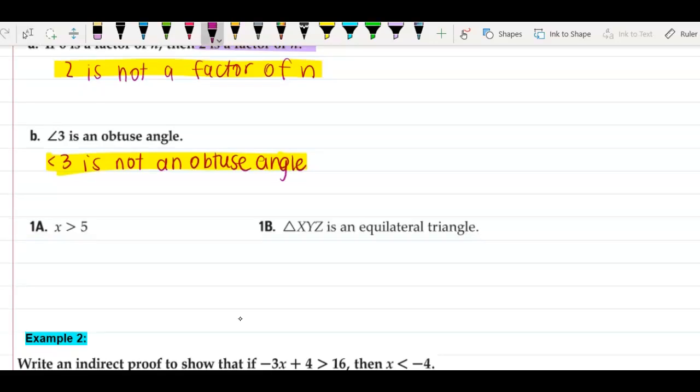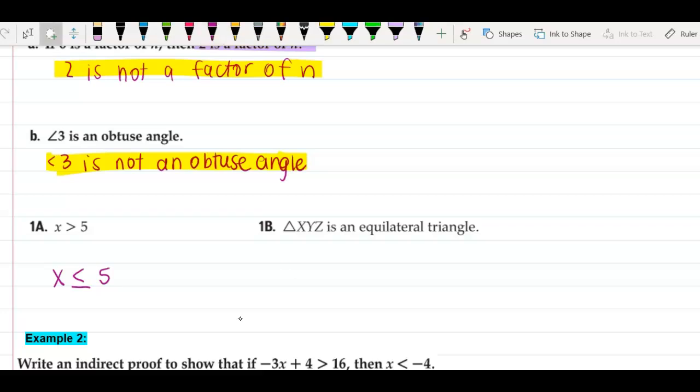I really want to touch on 1a because our next 2 examples are going to deal with this. If it's x is greater than 5, all we're going to do here is change the sign. Since it's just greater than, we change it to less than or equal to. If it was less than or equal to, when we flip it, we would get rid of the equal to.